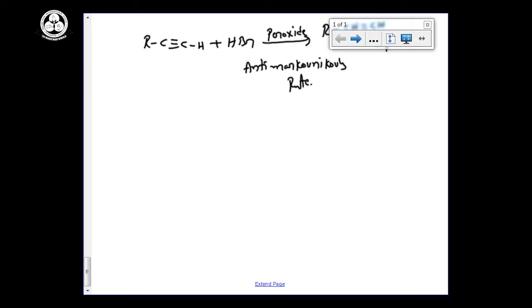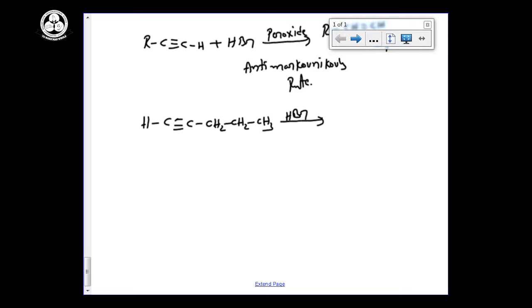Now I am giving the example C triple bond C CH2 CH2 CH3. I am adding just HBr, addition of HBr.